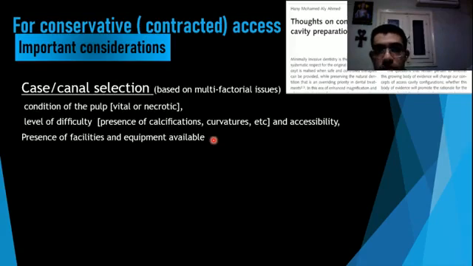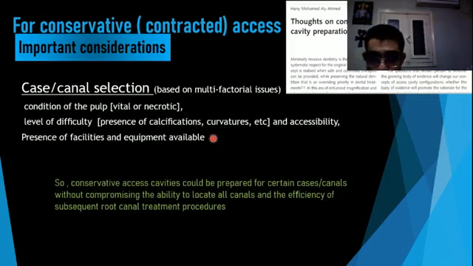We should have a good source of magnification and illumination. We should have the right tools like the new types of burs and flexible instruments. We should have a modern imaging technique like CBCT in order to be sure that we have no missed canals or missed anatomies with this type of contracted access.